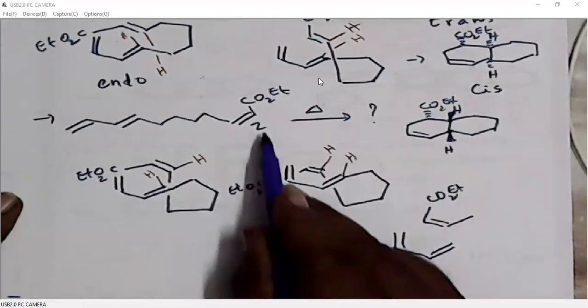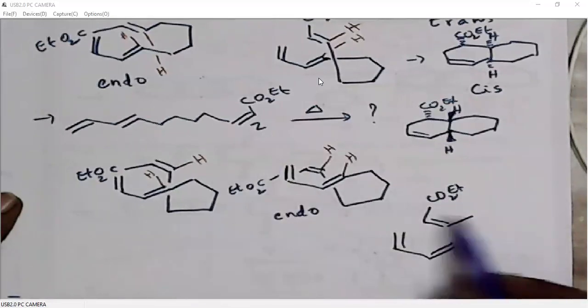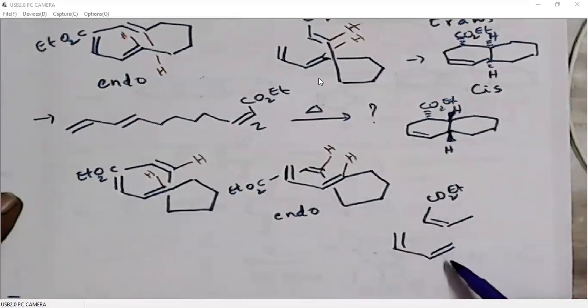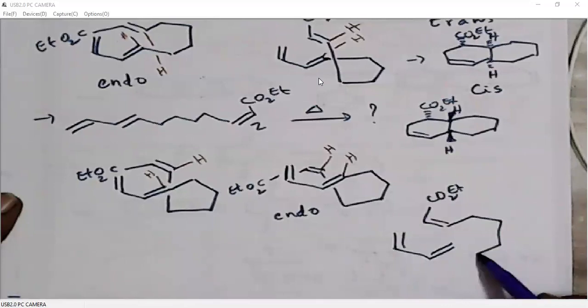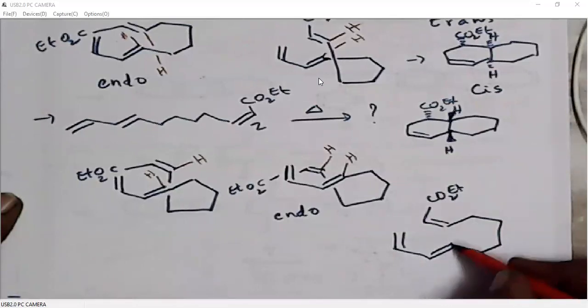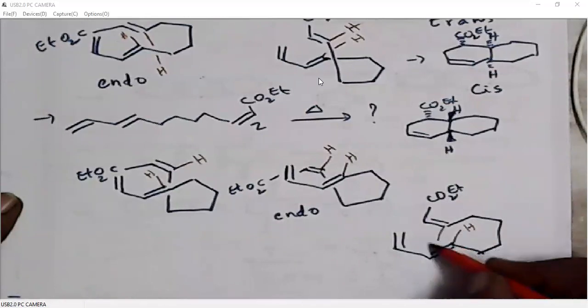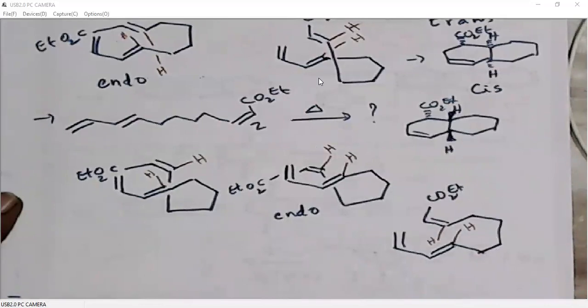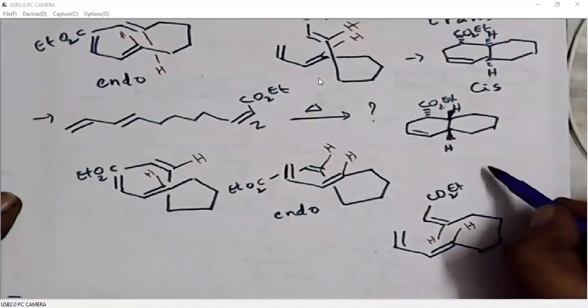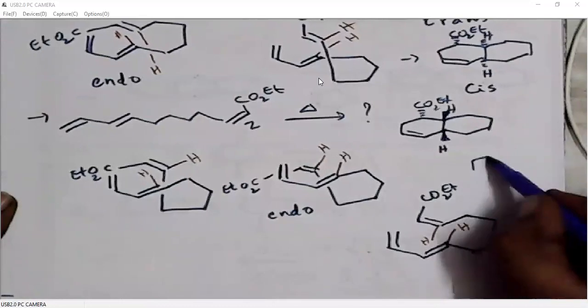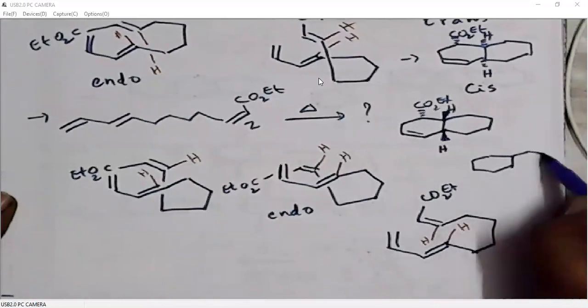And we have four carbons, so 1, 2, 3, 4. In this case, what are the hydrogens? This hydrogen will be like this, this hydrogen will be like this. That means they are trans to each other. So the ring fusion will be trans.